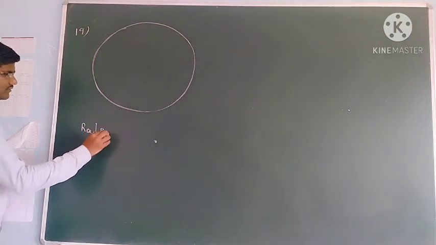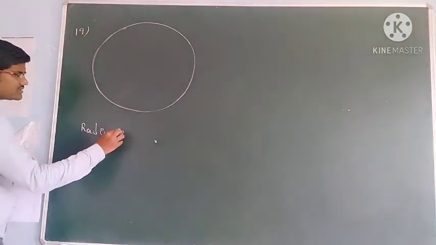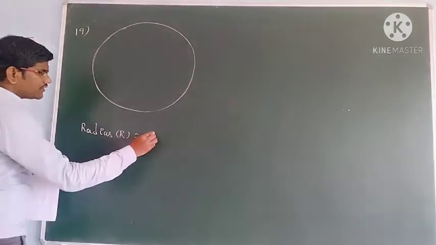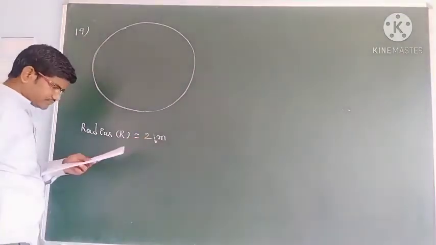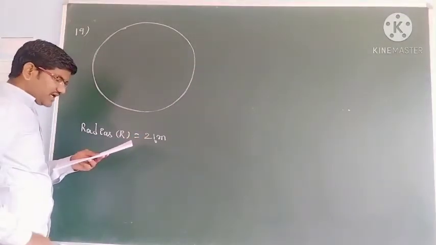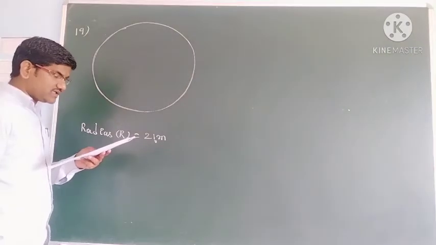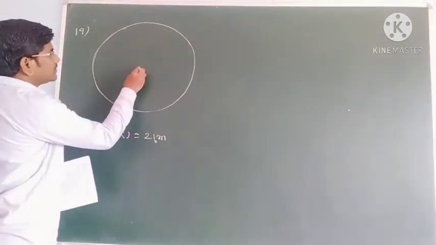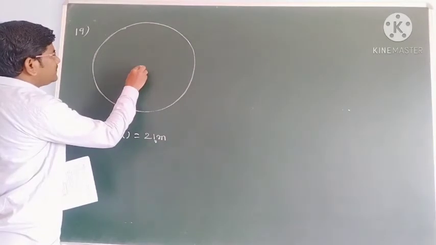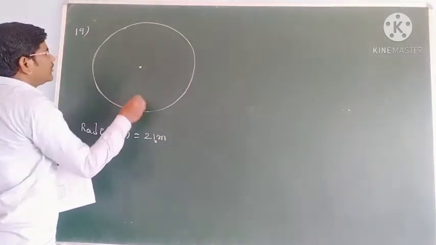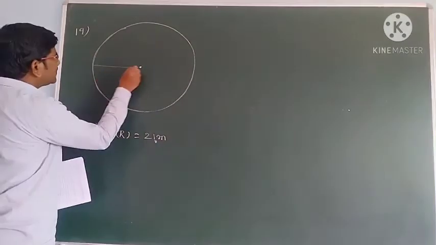So given radius r is equal to 21 meters, describes an angle of 120 degrees at the center of the circle.